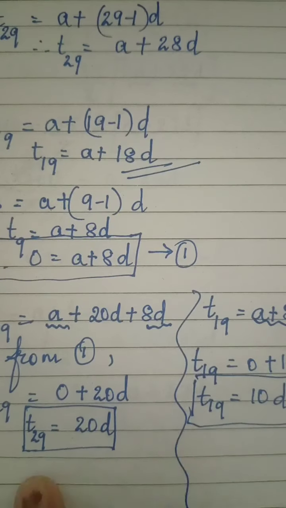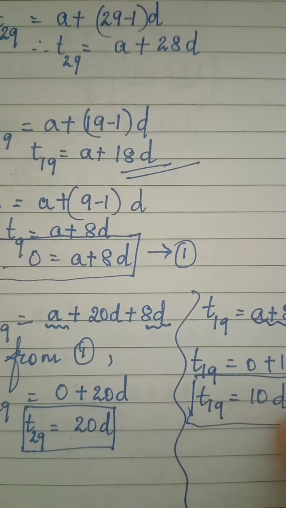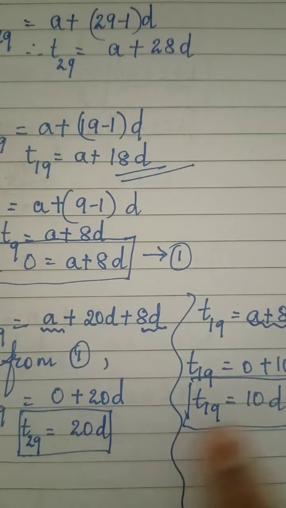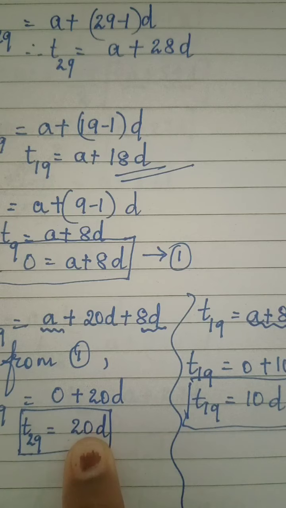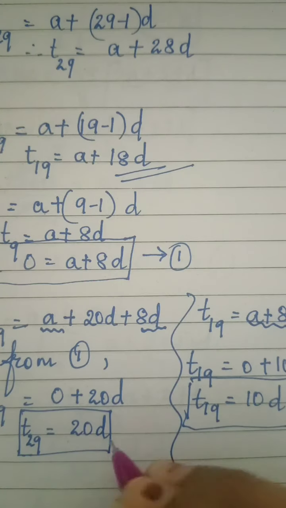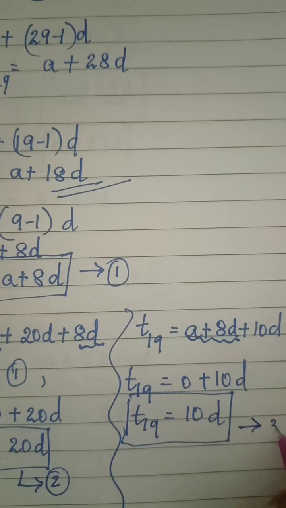Now compare. T29 is 20D. T19 is 10D. What is the relation? See the right hand side. This is 2 times 10D. 10D into 2 will give you 20D. So from this I'll give it as number 2. This I'll give as number 3.